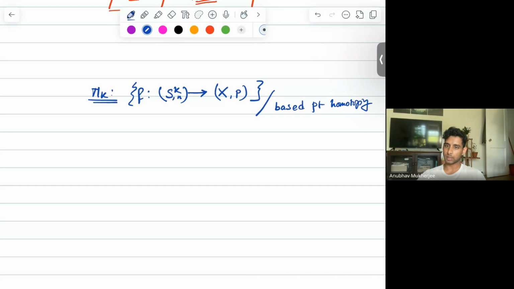Now you can prove, maybe as an exercise, that pi k of S^n is 0 when k is less than n. Maybe you can try to prove that.